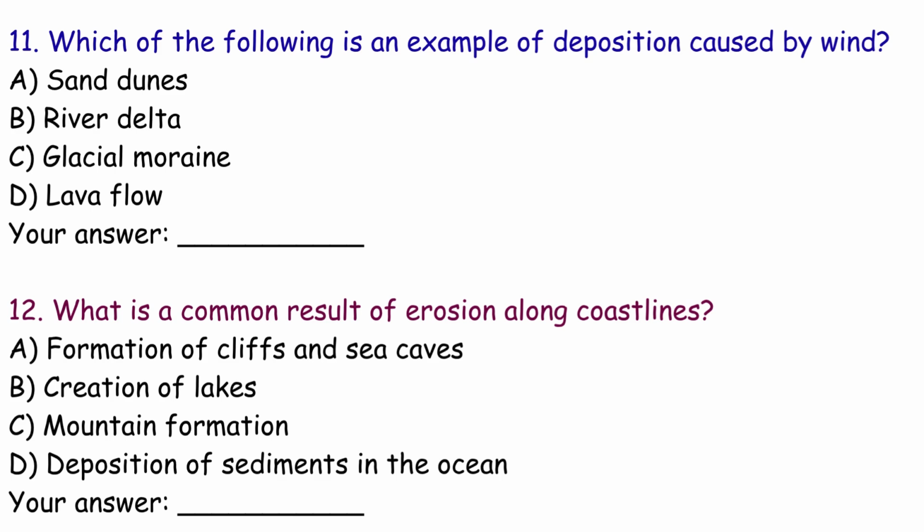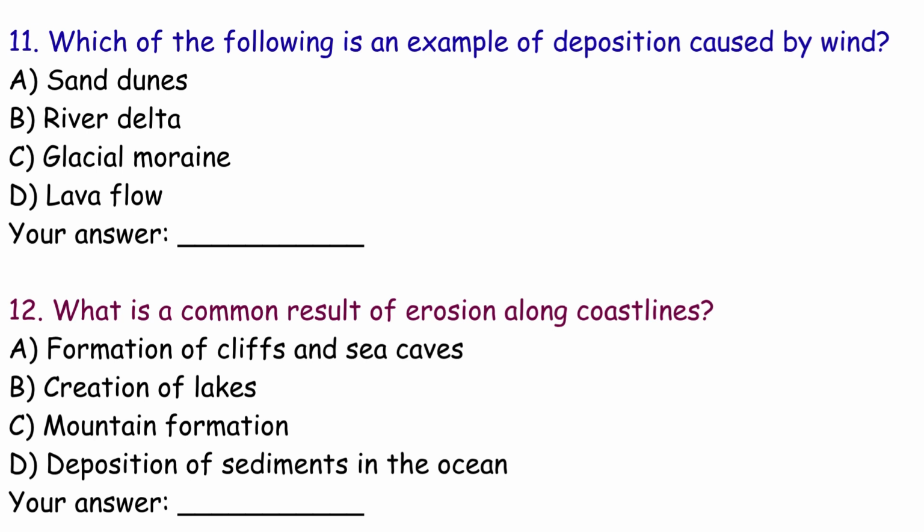Your answer. 12. What is a common result of erosion along coastlines? A. Formation of cliffs and sea caves. B. Creation of lakes. C. Mountain formation. D. Deposition of sediments in the ocean.